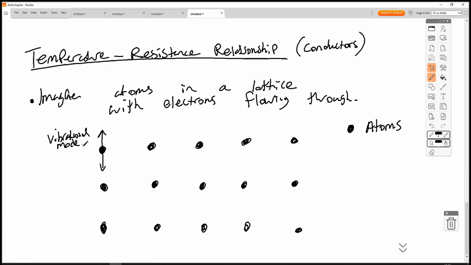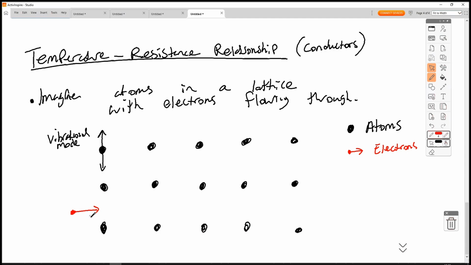If an electron now tries to pass through, so here's our electron trying to pass through.